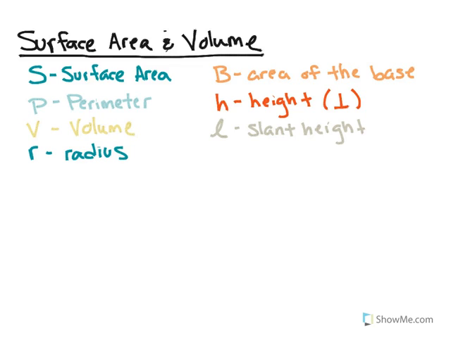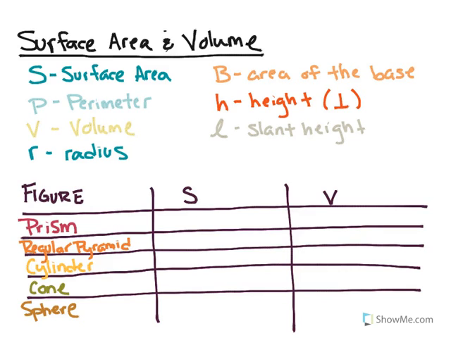If you get lost or if you put one of these variables with the wrong number, chances are it's going to be one of these that is wrong. Particularly height. It's always missed. And it's very easy to miss, so just be really careful with that. So let's go over some common surface area and volume formulas for your 3D figures.